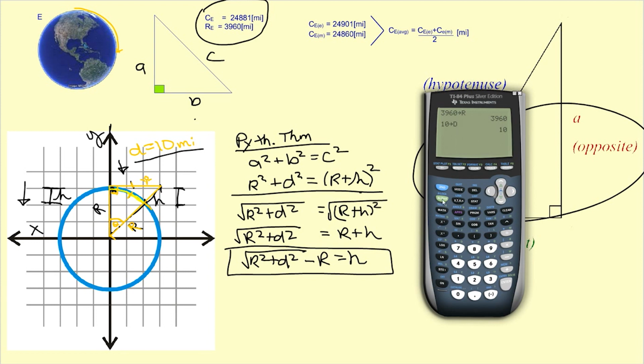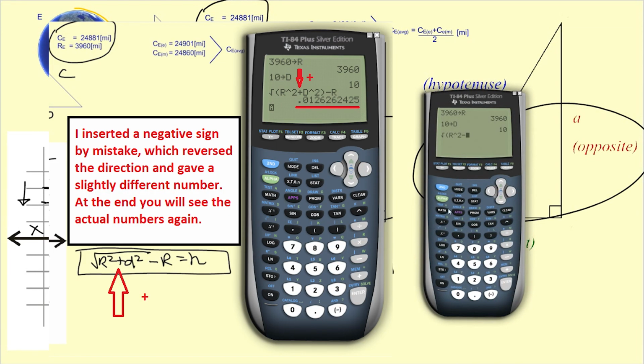Let's go square root of r squared minus d squared, in parentheses, minus r.